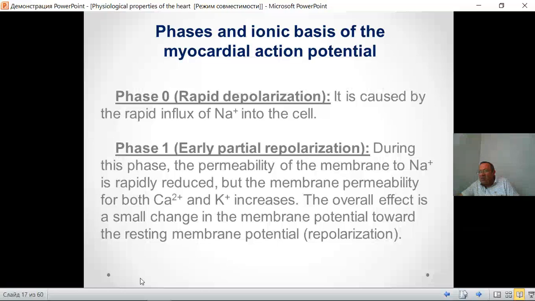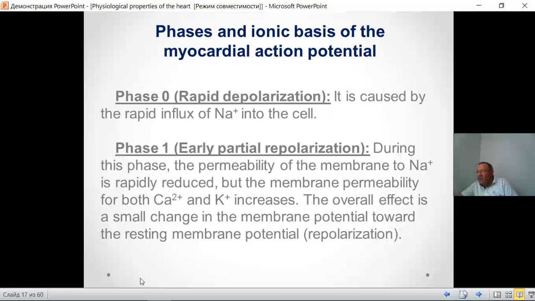The threshold potential in a cardiomyocyte is the point at which enough fast sodium ion channels have opened to generate a self-sustaining inward sodium current. The sodium current rapidly depolarizes the TMP to 0 millivolts and slightly above 0 millivolts for a transient period of time called the overshoot.